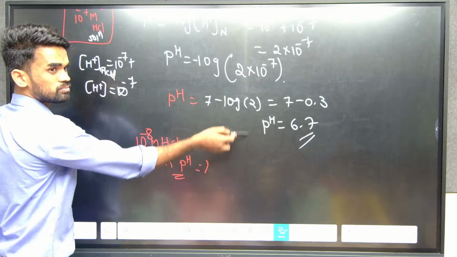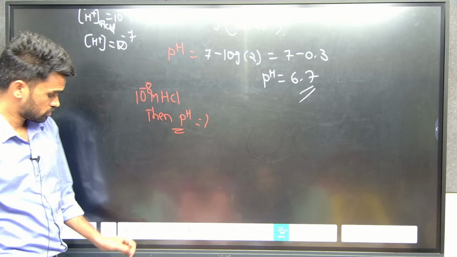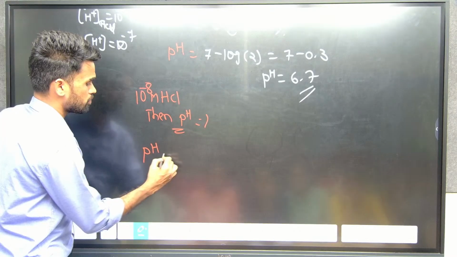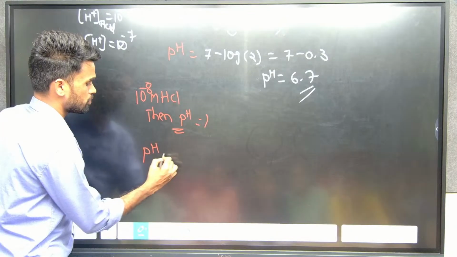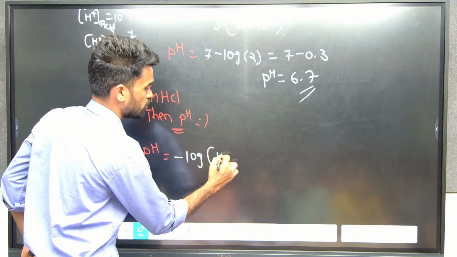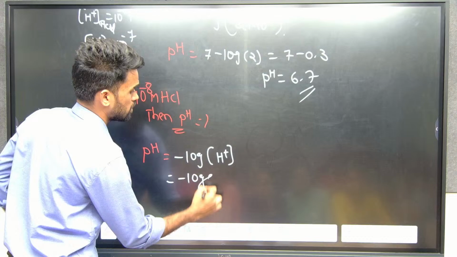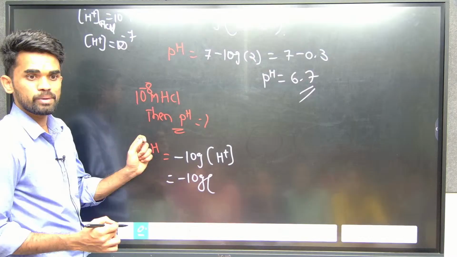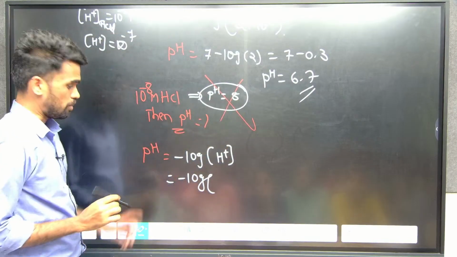Has anyone done it? So pH equals minus log concentration of H plus. If I put it directly like this, pH will be 8. Directly doing it gives 8. Is 8 correct? Then what should we do?